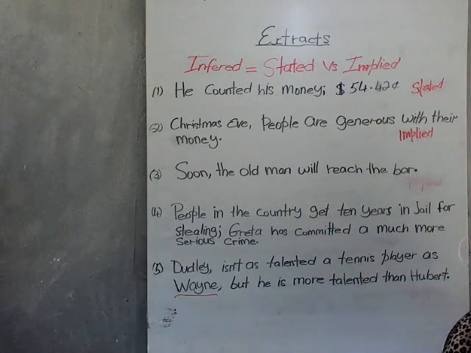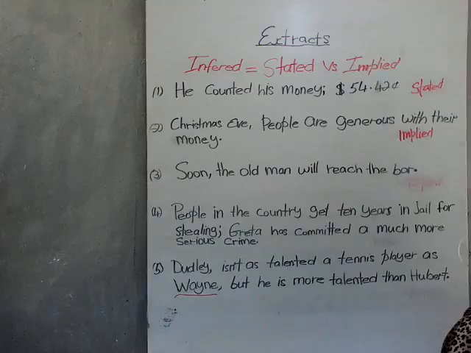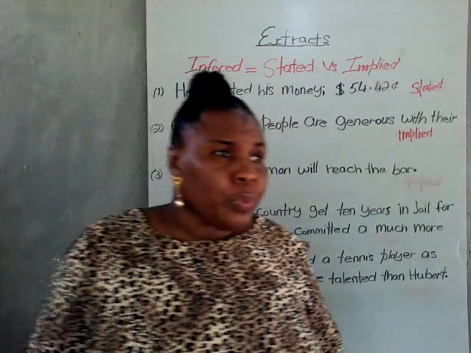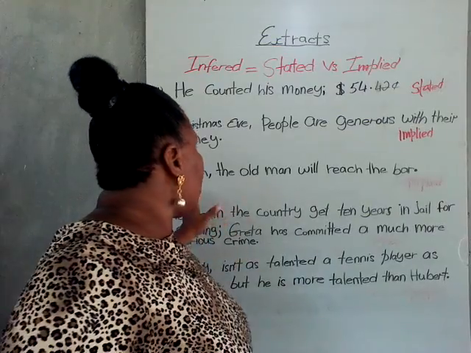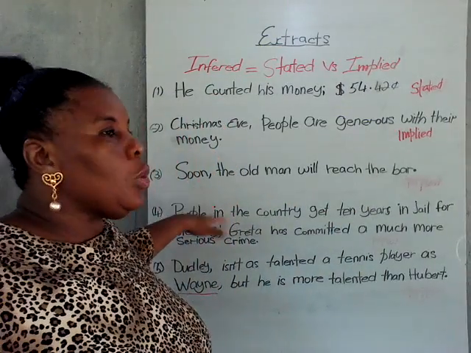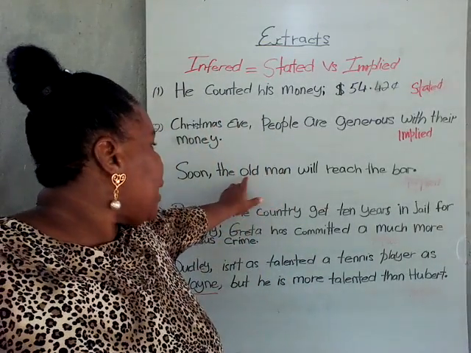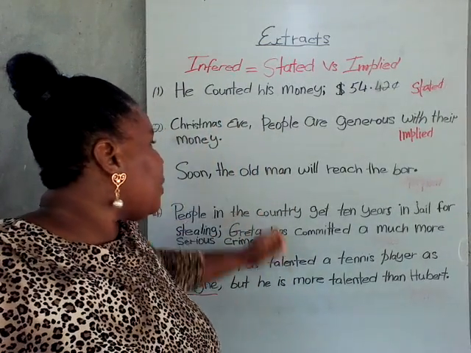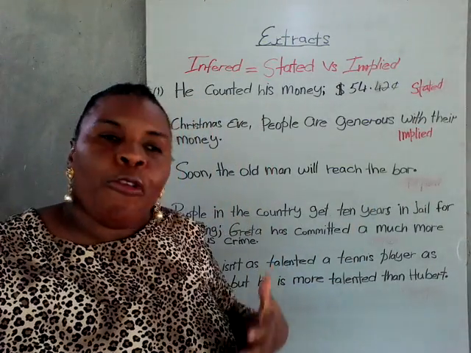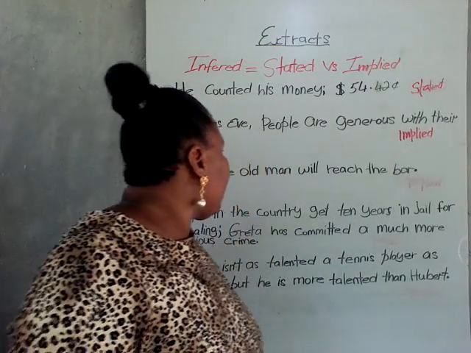So that is implied. Number 3, soon the old man will reach the bar. So remember, we are drawing a conclusion from these sentences, right? So first, soon, which means shortly. And then the next fact that is here is an old man. What type of bar? We don't know. How far is the bar? We don't know. All right?